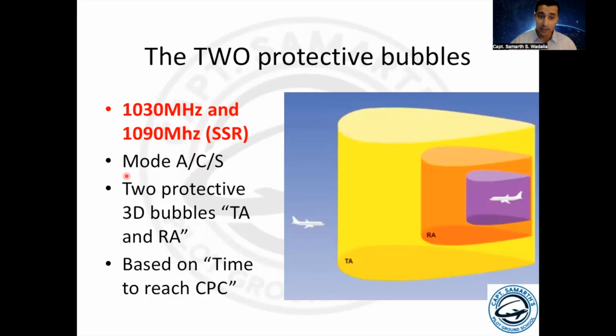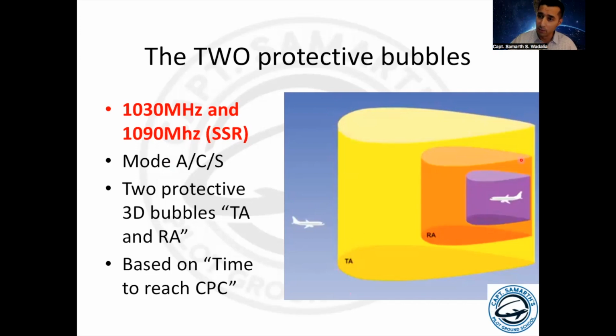Now, conceptually, guys, let's say this is your aircraft. Your TCAS is creating two imaginary protective bubbles around your aircraft. For the purposes of calling it a color, let's call one the yellow bubble, which is your traffic advisory bubble.